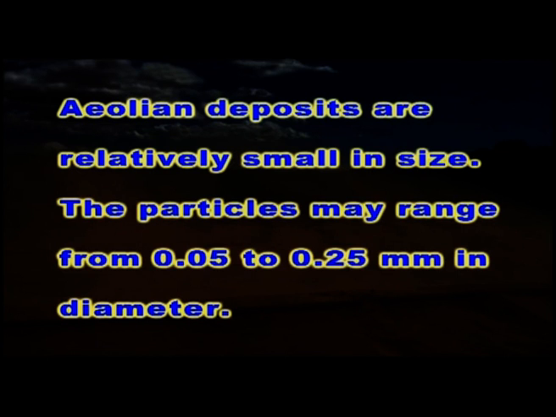The particles may range from 0.05 to 0.25 millimeters in diameter. Dust particles are almost completely absent at the location of deposition. The grains of Aeolian sands are generally well rounded due to prolonged transportation by wind. Sometimes they are well polished also.